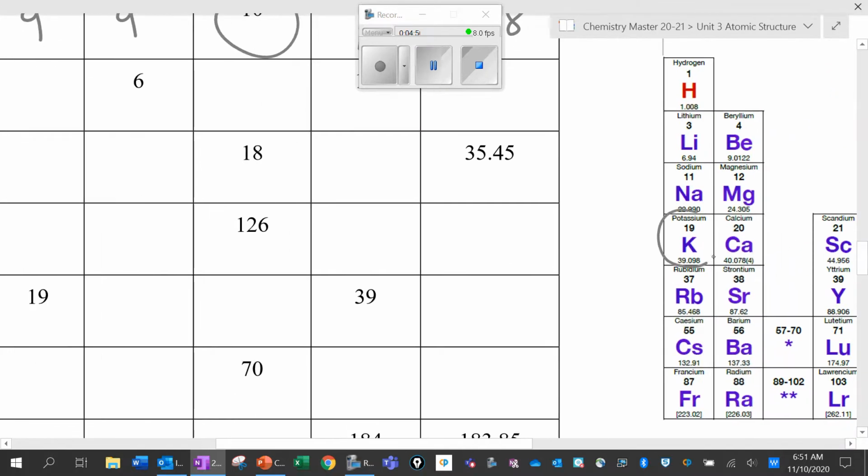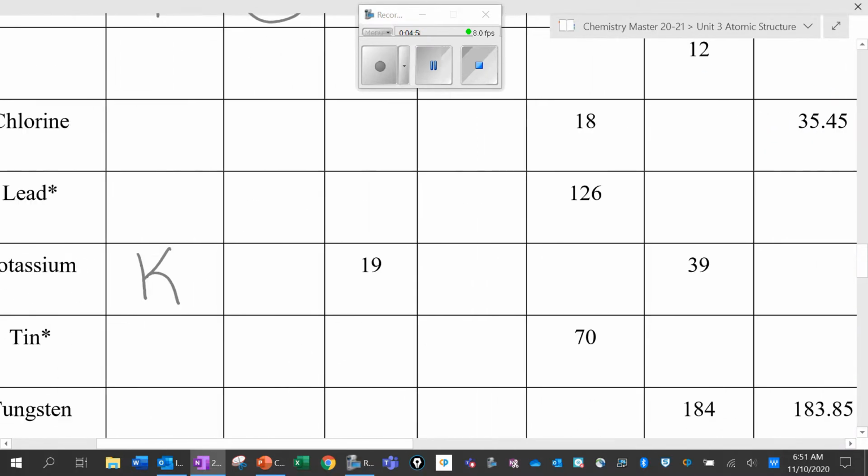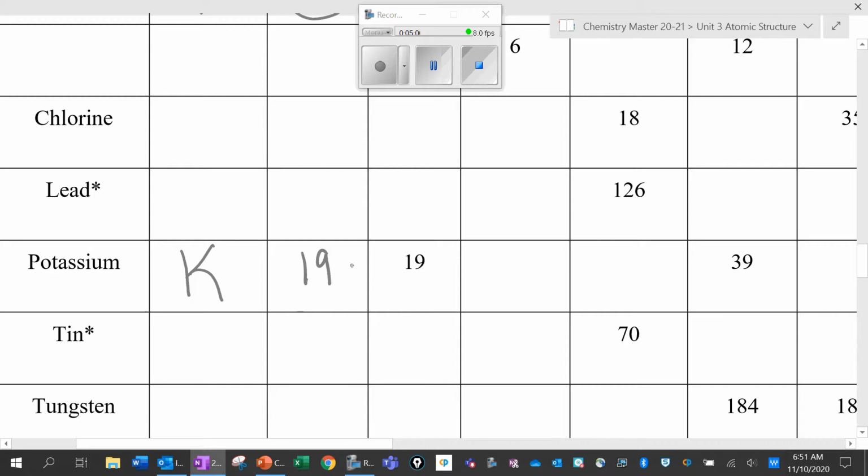Here it is right here. So the number of protons is equal to the atomic number, and that's going to be equal to the number of electrons.